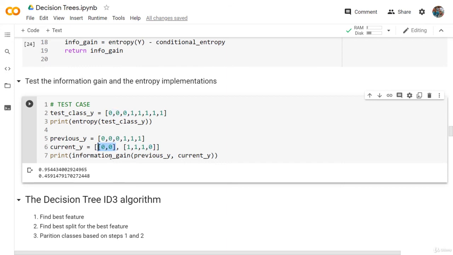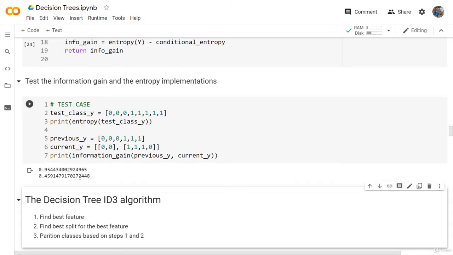If I go to the left hand side of the tree, then the probability of being 0 is 1, right? Because it's either 0 or 0. But if we go to the right hand side, 3 out of 4 we are going to predict 1, and 1 out of 4 we are going to predict 0. So that's why you are seeing that the information gain is 0.45.